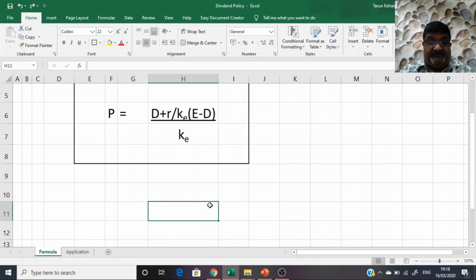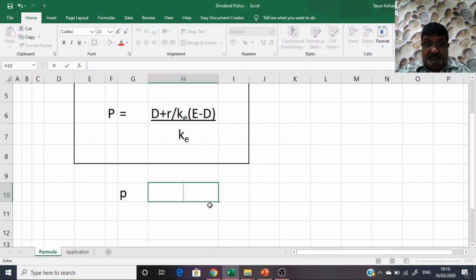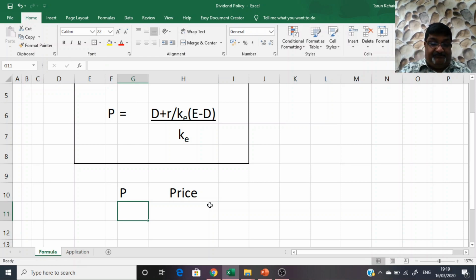All right. Where, let me put a nomenclature for you. P is basically the market price of the share or the stock, or let's call this the price because it is more towards intrinsic value.